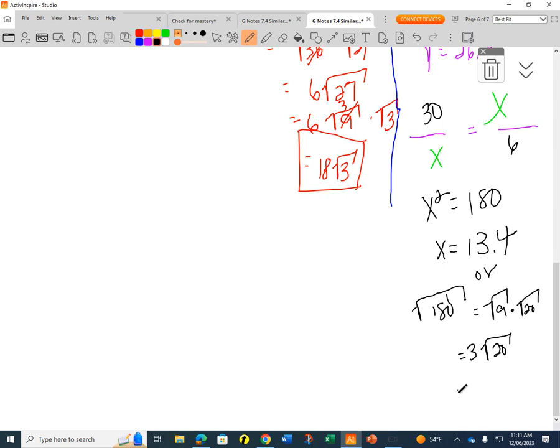So that's going to be equal to 3 times the square root of 4 times the square root of 5. And the square root of 4 is 2, so that's going to be 6 square roots of 5. I'm just giving you a quick review on that. I think we are going to cover that in a little more detail later, but that is algebra. You should be able to do that already.